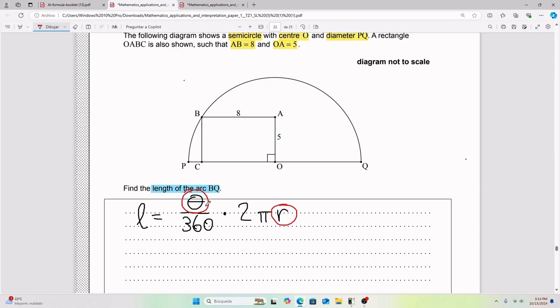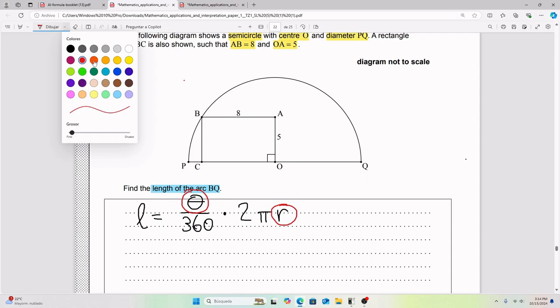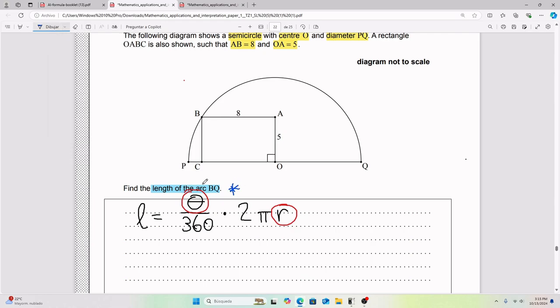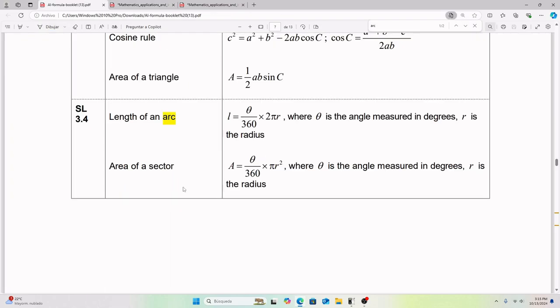If we're talking about the length of the arc BQ, let's go ahead and draw that, and I will be drawing that in blue. Let's leave very clear that when we're talking about an arc, or actually, let's do both.